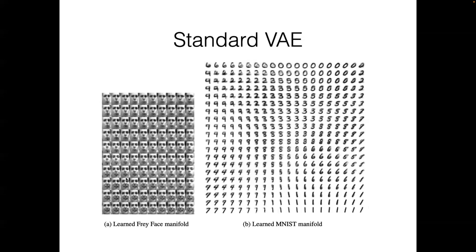And then here you have the same thing, but for faces. Obviously, based on the data distribution that you're learning to compress, your latent space will correspond to different things.